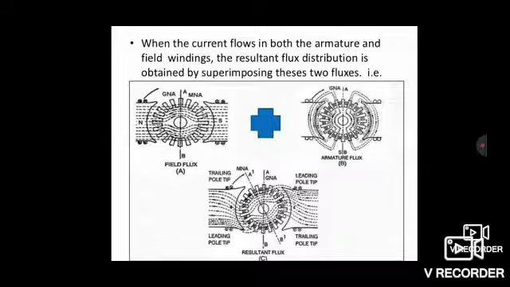When the current flows in both the armature and field windings, the resultant flux distribution is obtained by superimposing these two fluxes. That is the no load flux. Second one is the load flux. Next, third diagram is the resultant flux. See the diagram. It has the fringing effect. That is the action of armature MMF on the main field MMF.